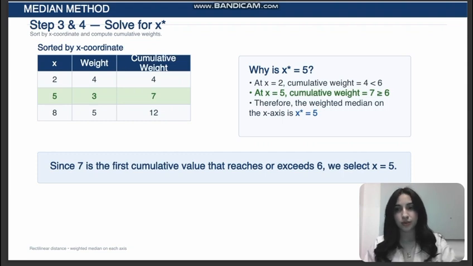So we continue. When x is 5, the cumulative weight becomes 7, which is greater than or equal to half of the total weight. So x equal to 5 is our optimal x value for our location.